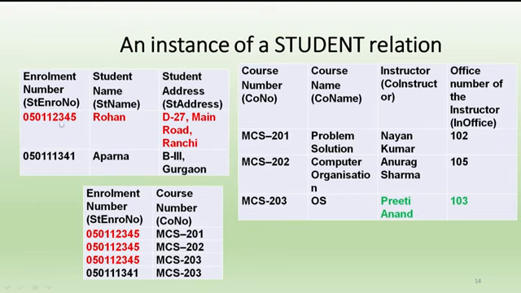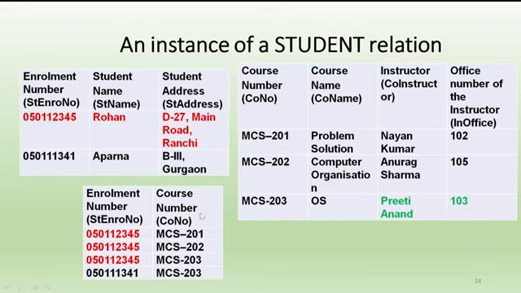Now, because of normalization, which is decomposition, we get just two tuples because there were only two students' data, Rohan as well as Aparna. As far as courses are concerned, there were three courses, 201, 202 and 203, operating system, which was being taught by Preeti Anand. So now the redundancy in this case also has been reduced.